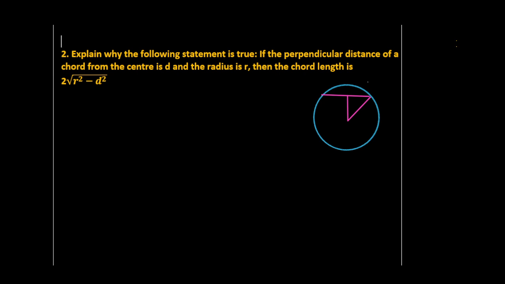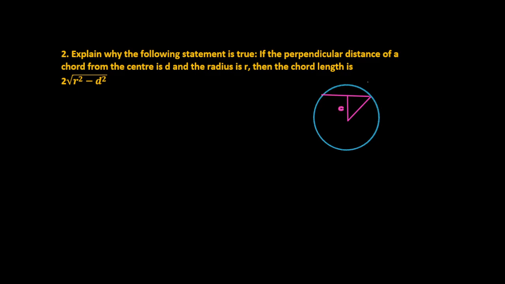The perpendicular distance of the chord from the center is d, and the radius is r. Then the length of the chord is 2 times the square root of r squared minus d squared.